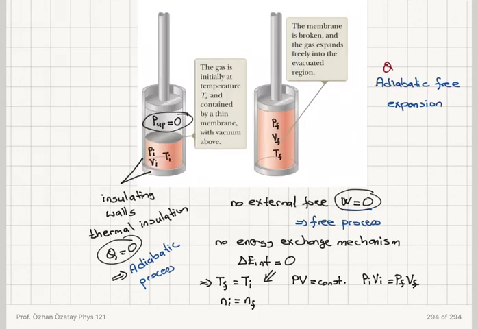Because it's adiabatic, Q is equal to 0. Because it's free, work done on it is 0. That means I have no energy exchange mechanism. The internal energy change is 0. There is no temperature change as well. Pressure times volume is a constant for this process.